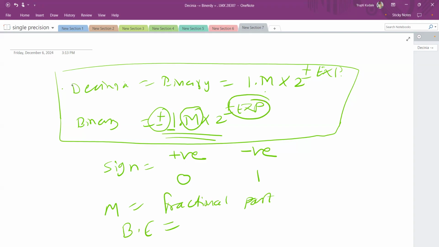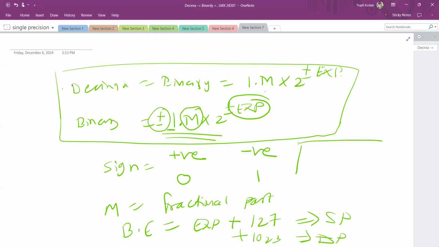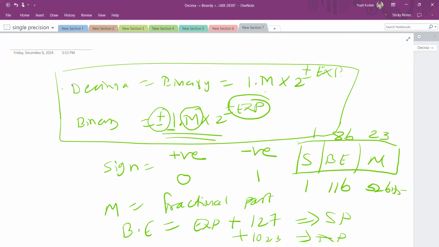Whatever is the actual exponent plus 127 for single precision, plus 1023 for double precision. And just represent in the format which I have told you: sign, biased exponent and mantissa. 1 bit, 8 bits, 23 bits for single precision, and 1 bit, 11 bits, 52 bits for double precision.